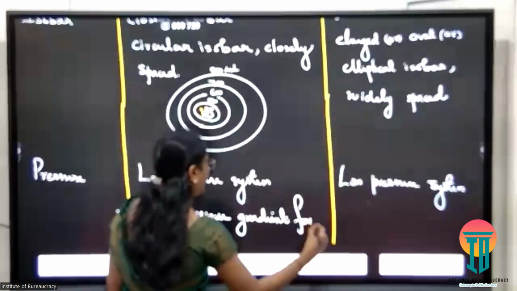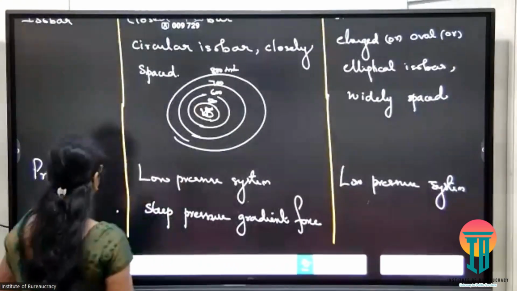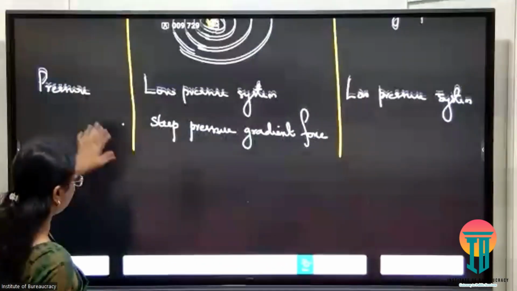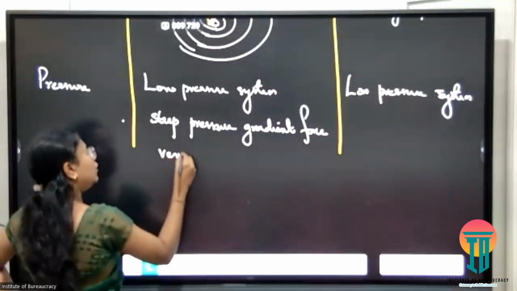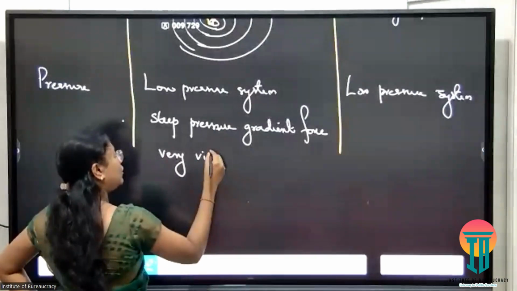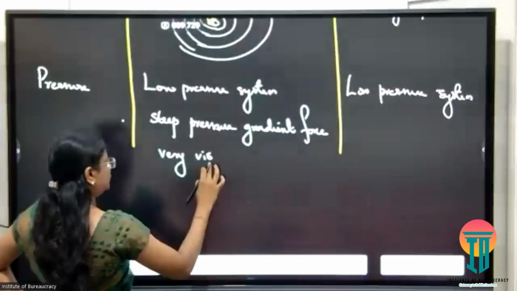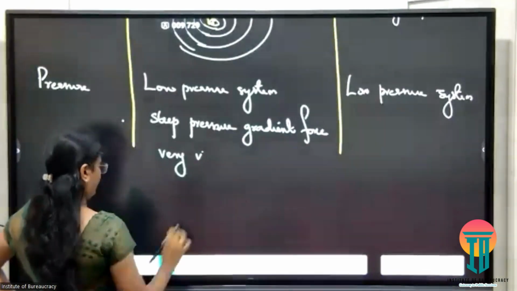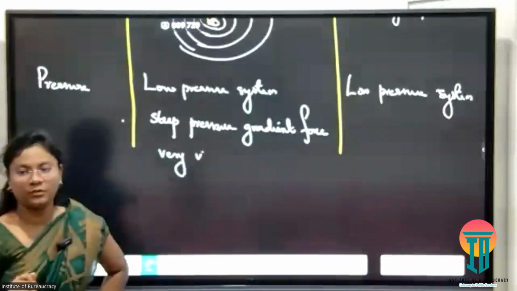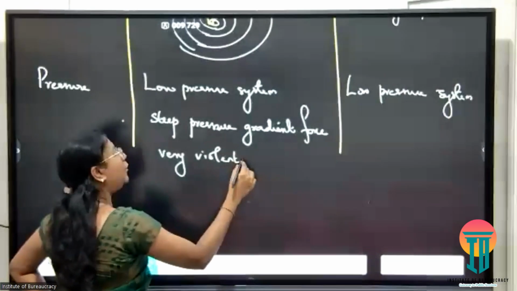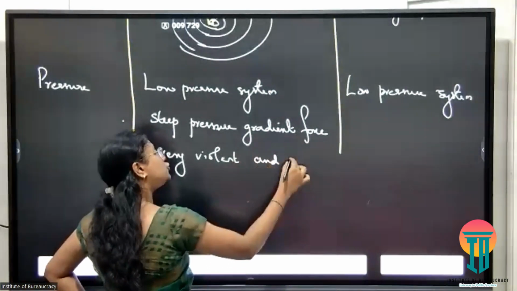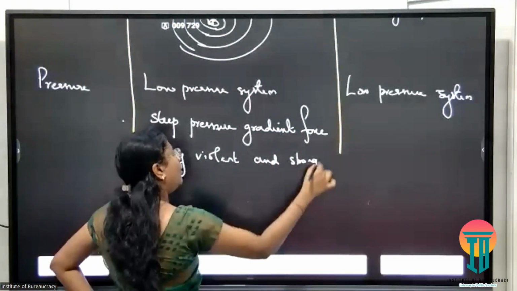Steep pressure gradient force. Therefore, இதோட implicit meaning, they are very violent. Violent, என்ன spelling? V-I-O-L-E-N-T, right? They are violent and strong winds.